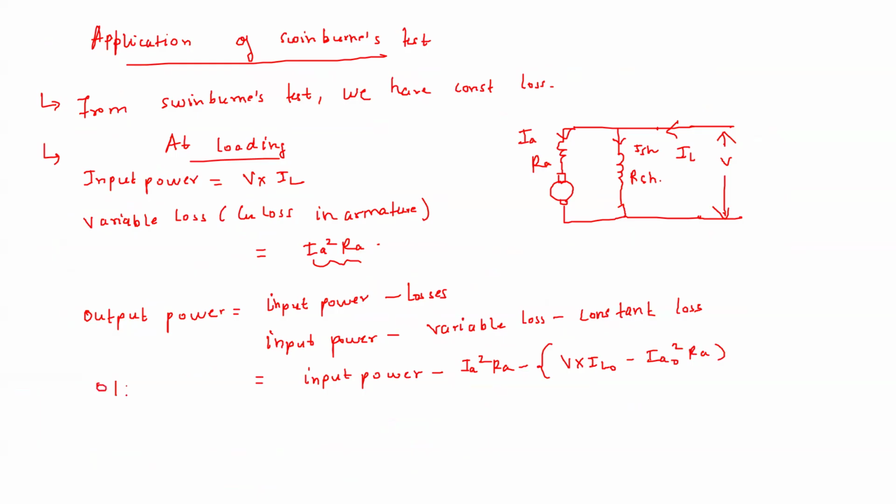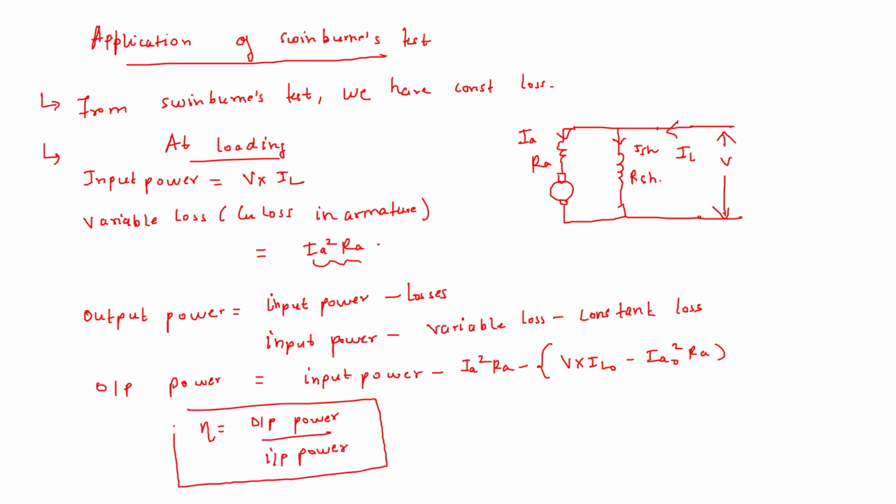In this way you can get output power. And efficiency is nothing but output power by input power. So in this way you can calculate the efficiency at any loading condition.